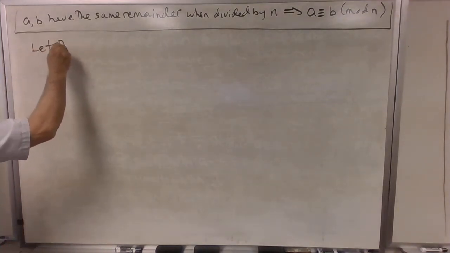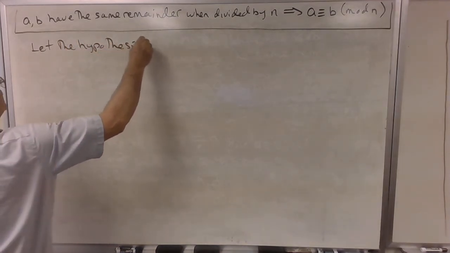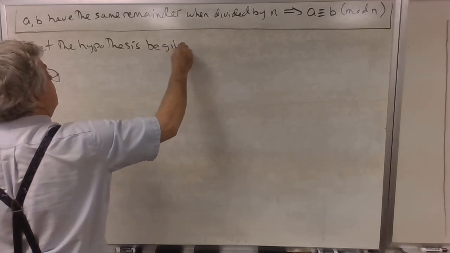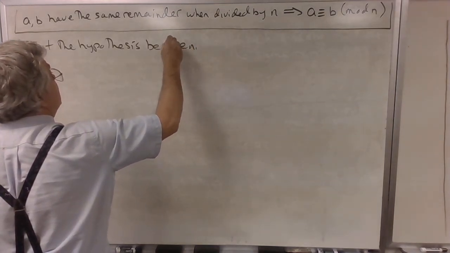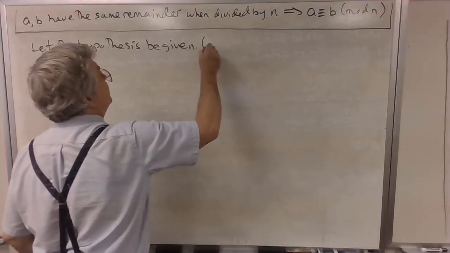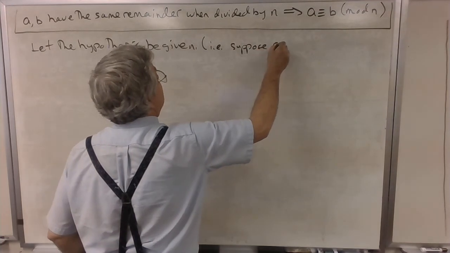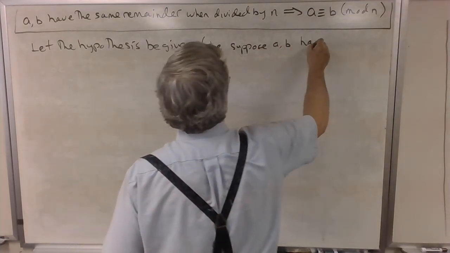So we say, let the hypothesis be given. That is, suppose a and b have the same remainder.